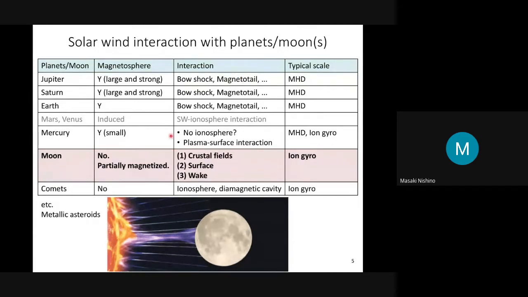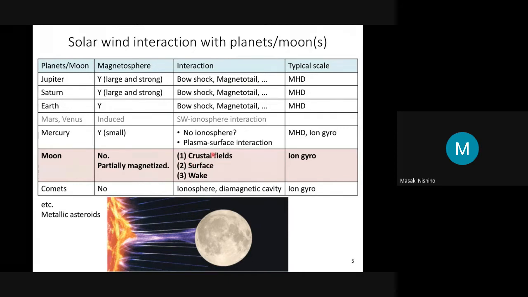But in the case of the moon, because it does not possess a global magnetosphere or thick atmosphere, there is no magnetosphere or ionosphere. But the lunar surface is partially and strongly magnetized, as I will show you later. So the interaction takes place on a much smaller scale, but it is very interesting. It's a kind of kinetic scale physics.